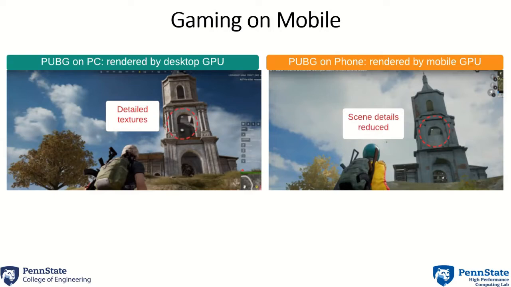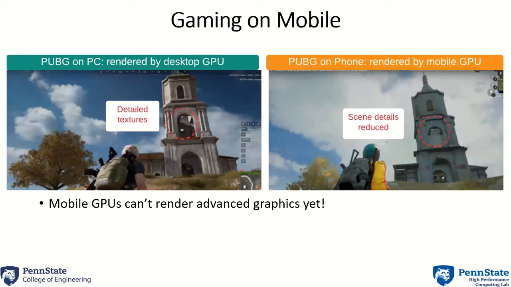We can clearly see that the one rendered using desktop GPU has much more texture details and is more photorealistic compared to the mobile version. The mobile GPUs are yet to render such advanced graphics games. This is because they are resource constrained and have limited power budget.